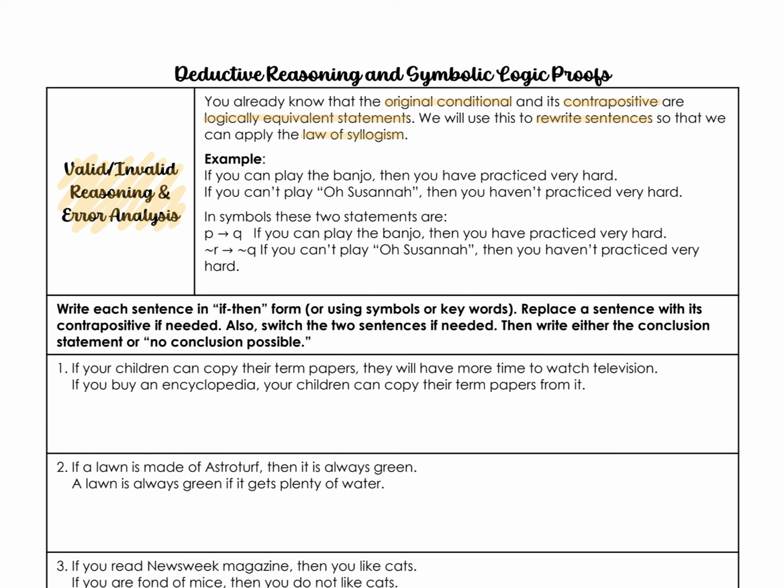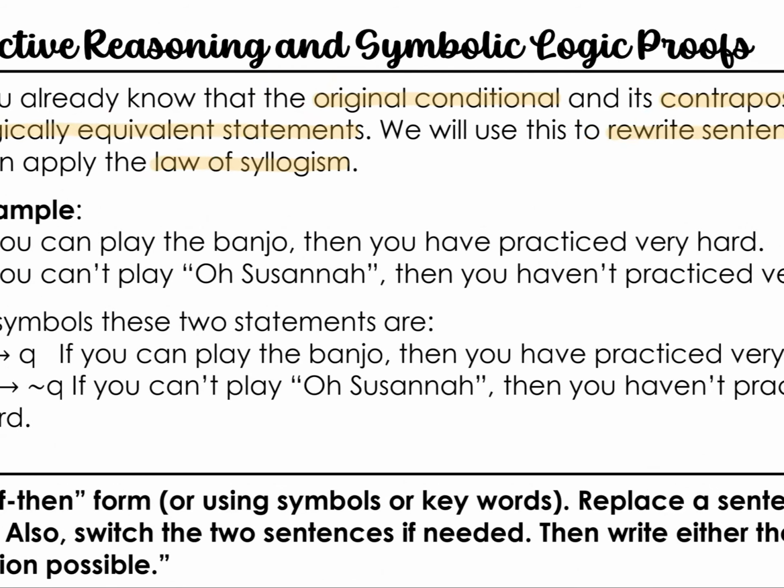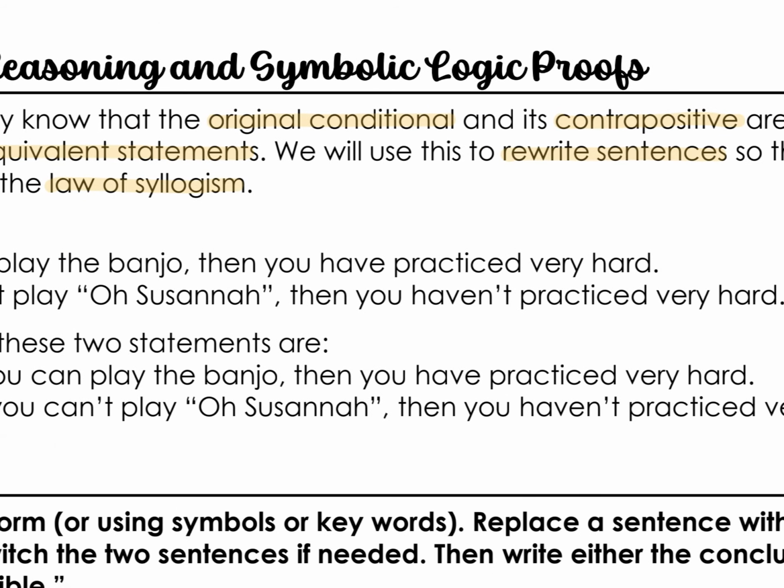So just to briefly explain what the law of syllogism is: you might have two or more sentences, and you are going to use them to write out a conclusion, but they have to have something in common to connect the sentences.